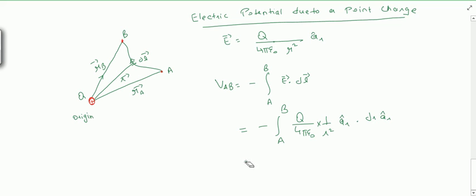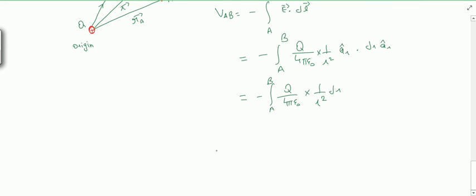So it will be minus A to B, q by 4 pi epsilon naught, 1 by r square dr. Now simply integrating this, what does it come to? So q by 4 pi epsilon naught I can take out of the integration. Here the integration of 1 by r square will come as minus 1 by r, and the minus sign was already there.